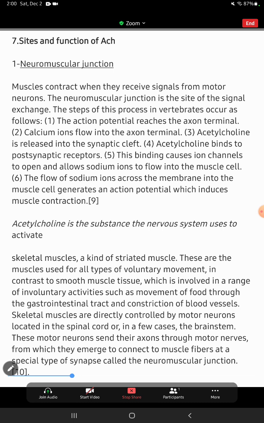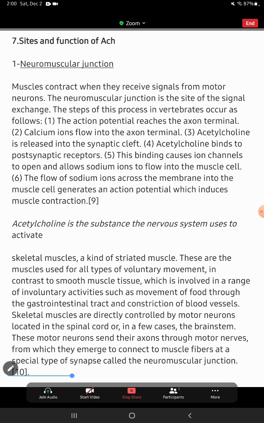Then number 5 is this binding causes ion channels to open and allow ions to flow into the muscle cell. Then the last step, the flow of sodium ions across the membrane into the muscle cell generates an action potential which induces muscle contraction.